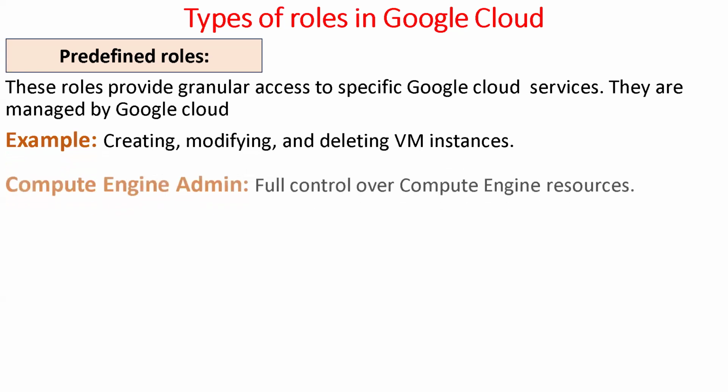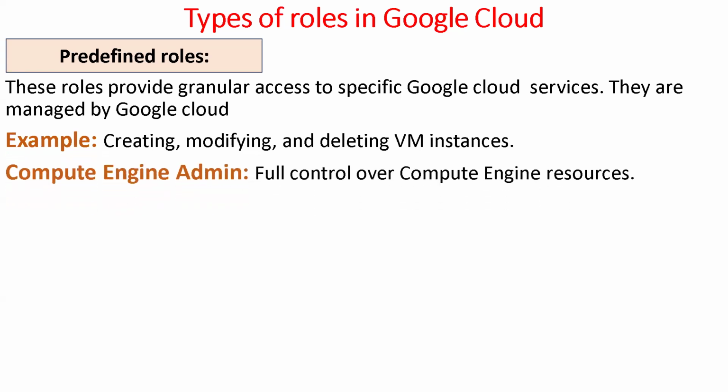For example, the Compute Engine Admin role is already available in Google Cloud. We are not creating this role. It is already there in Google Cloud services, where different predefined roles exist.